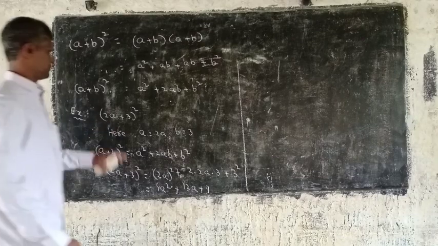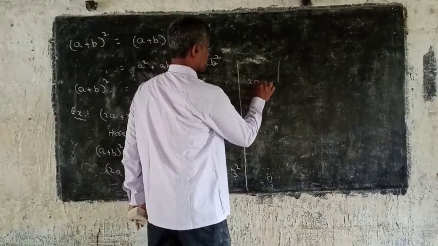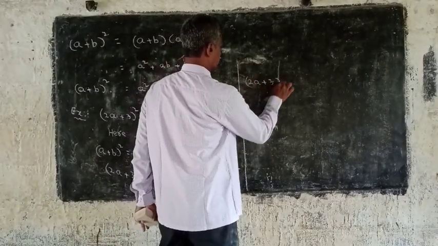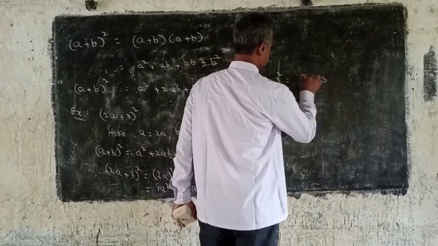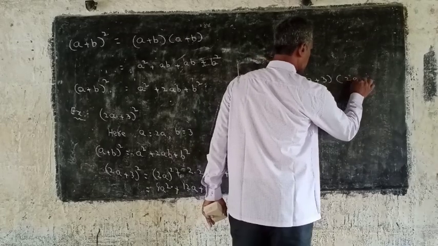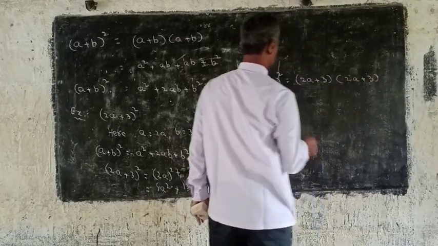Another method. (2a plus 3) whole square equal to (2a plus 3) into (2a plus 3).